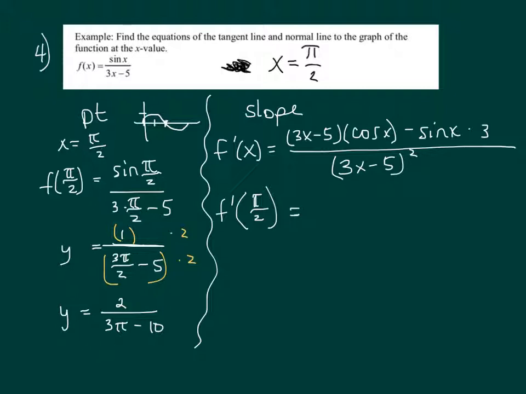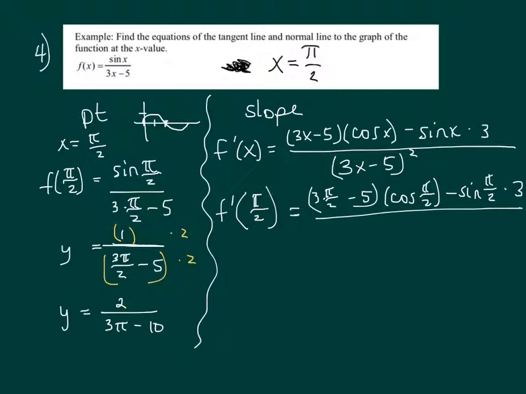So it would be 3 times pi over 2 minus 5 times cosine of pi over 2, minus sine of pi over 2 times 3, all over 3 times pi over 2 minus 5 squared.